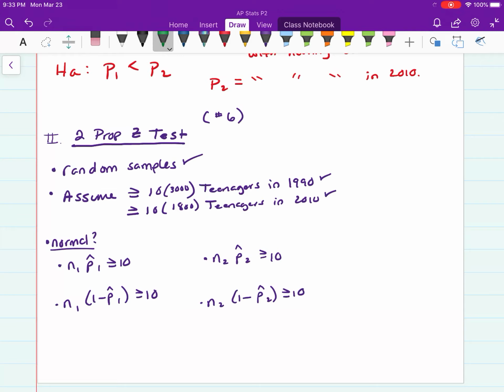Okay, so sample size 1, people from 1990, is 3,000.